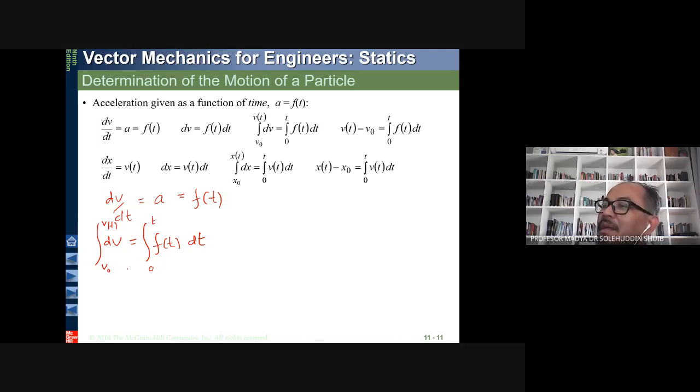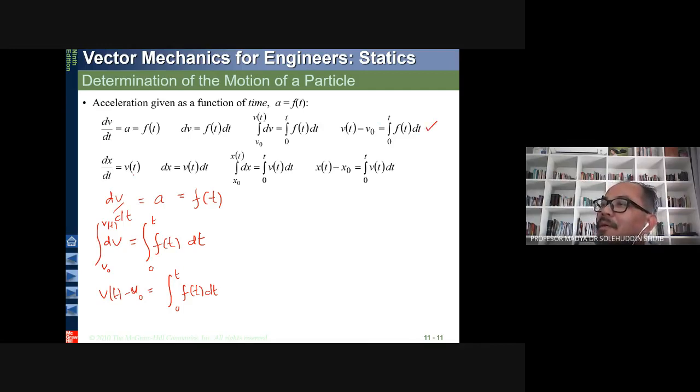You integrate this one, you get v(t) minus v0 equal to the integral of f(t) dt. So this is the value that we get for the first one. This is the velocity.